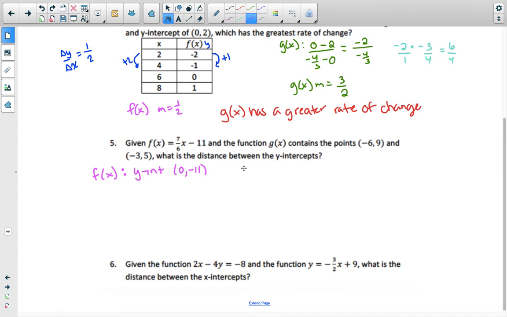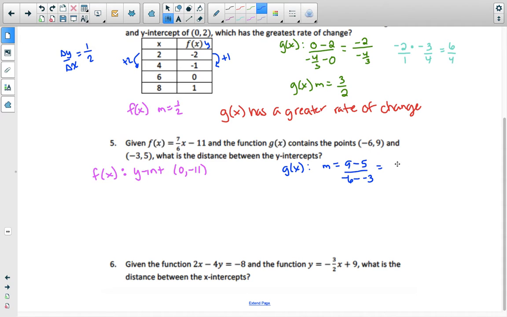I'm going to do this by figuring out the entire slope-intercept form, finding the slope and then using that to help find the y-intercept. So for g of x, we have m equals our first y value, 9, minus the next y value, 5, divided by our first x value, -6, minus the next x value, -3.